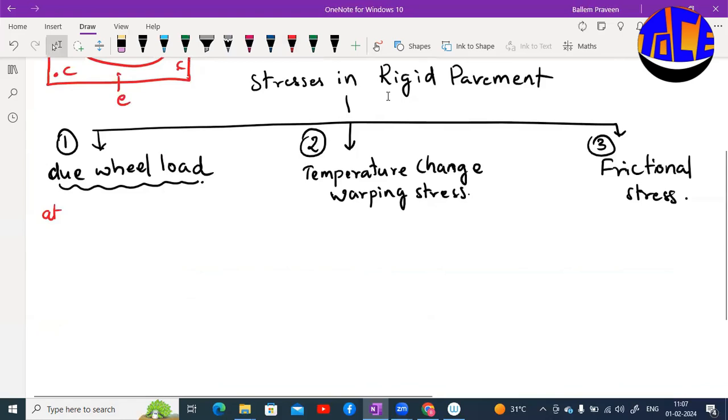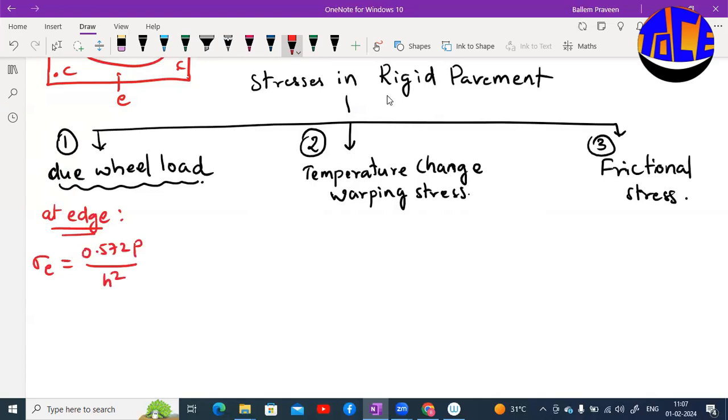Now let us see what the equations are. Stress at edges: the equation provided is sigma E is equal to 0.572 P divided by H square into 4 log L by B plus 0.359. So this is the equation to calculate stress at edge.